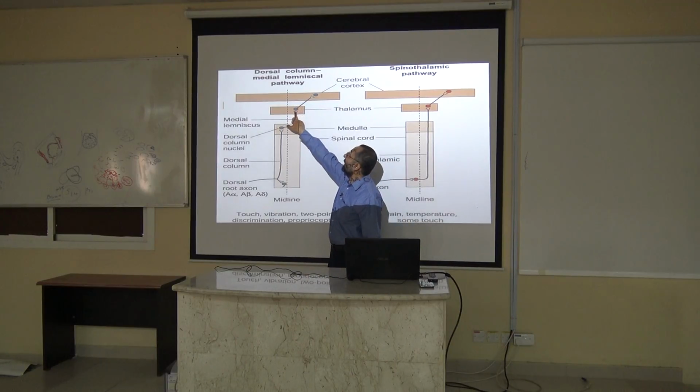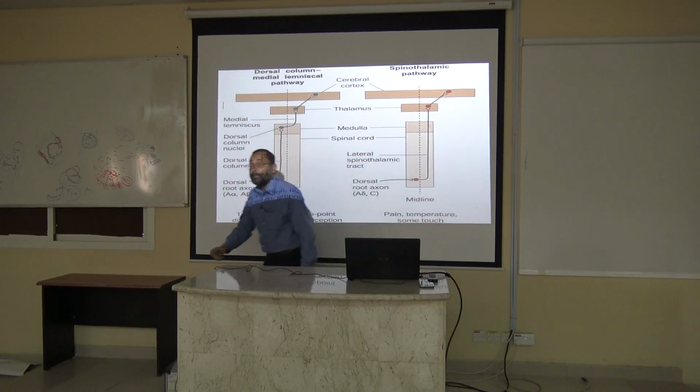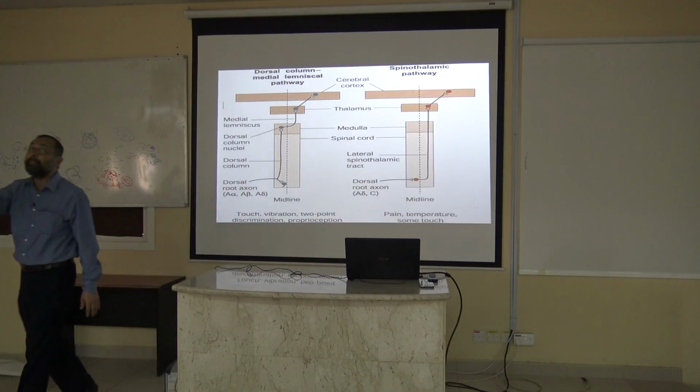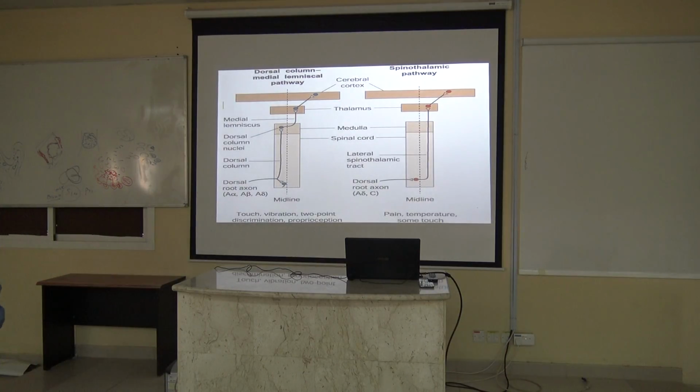All right. So the term medial lemniscus. I said lemniscus. Lemniscus is a crossed bundle of the fibers. In this pathway, where do you see lemniscus? In the medulla. Where in the medulla? Second order neuron fibers are crossing, and after crossing they form a bundle.